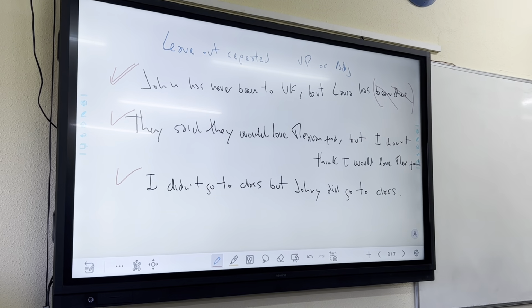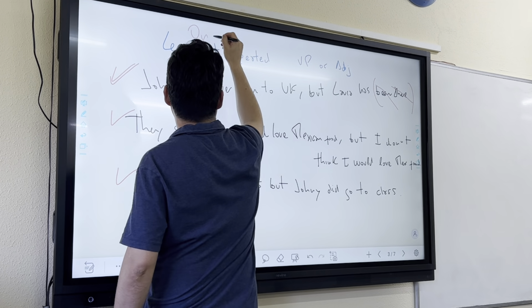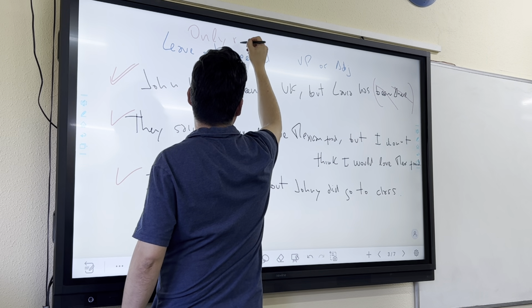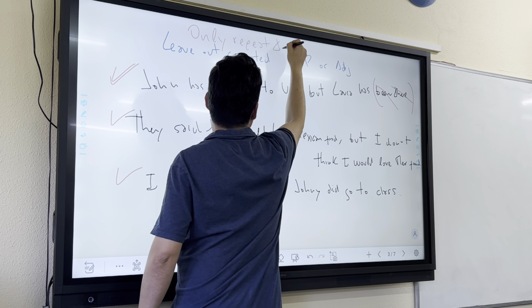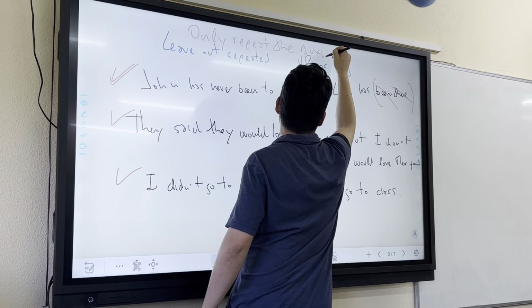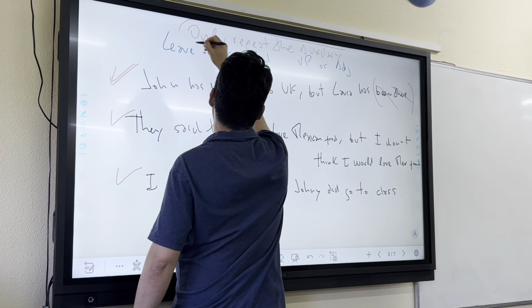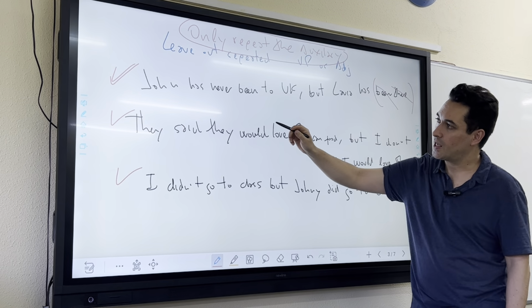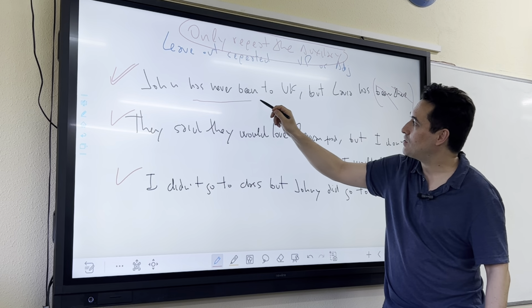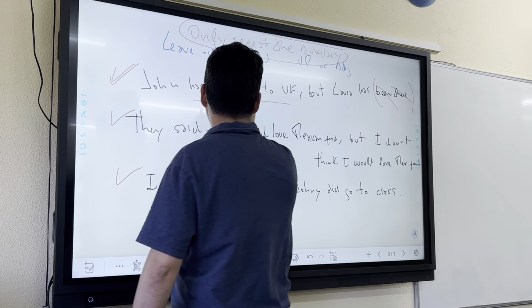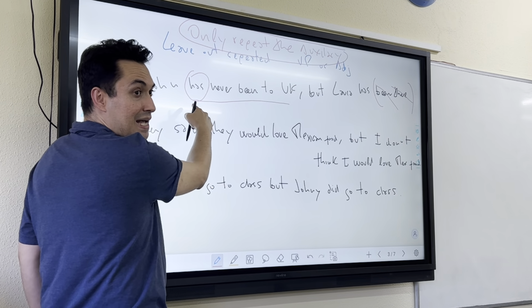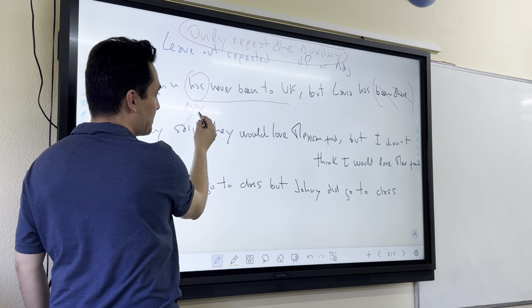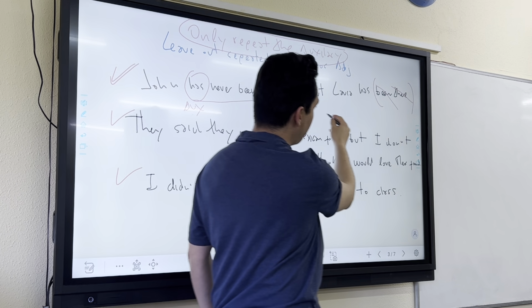Only repeat the auxiliary, okay? What are we doing here? We only repeat the auxiliary. Is there a repetition here? John has never been to UK. Has never been. Has here is the auxiliary. And what do we repeat?